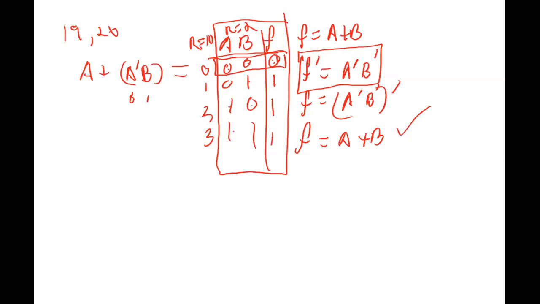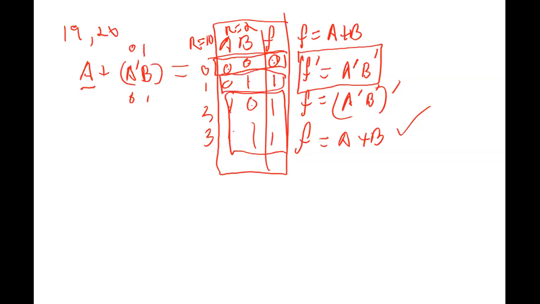And then you look at your function f, and you say, what is going to make f true? Well, if A is a 1, then f will be true. Also, if A is 0 and B is a 1, then f will be true. But otherwise, f is equal to 0.